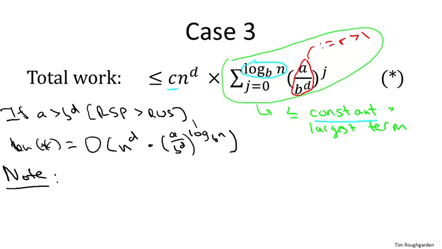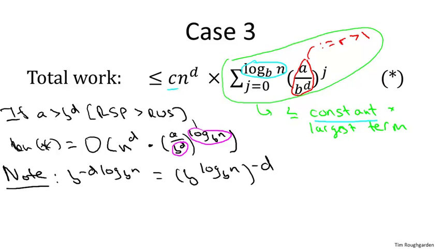So what I want to do next is I want to focus just on this 1 over b to the d raised to the log base b of n term. So that's going to be, we can write that as b to the minus d log base b of n, which if I factor this exponent into two successive parts, I can write this as b raised to the log base b of n power, and only then raised to the minus d.